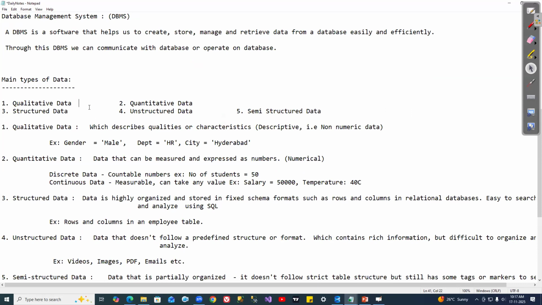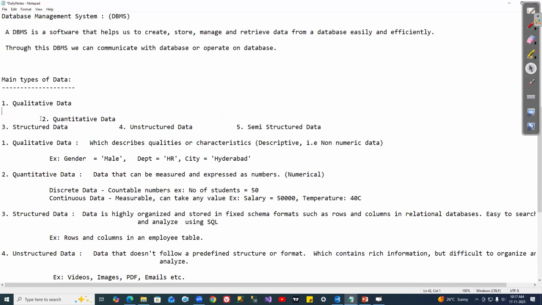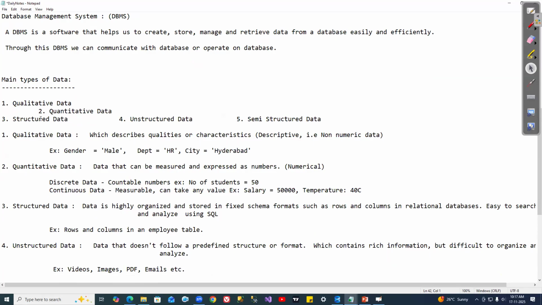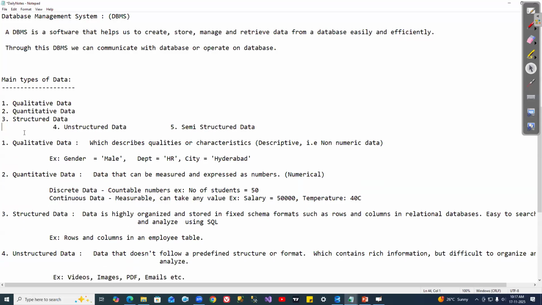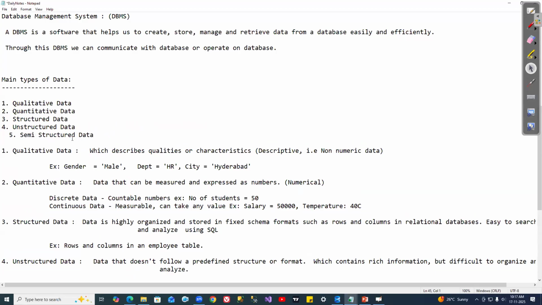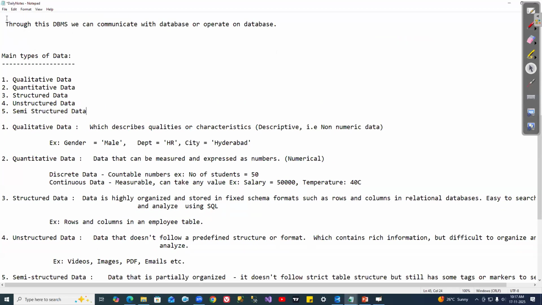First one is qualitative data and quantitative data. And the third is structured data, unstructured data, and semi-structured data. These are the main types of data. Now try to understand what each is.